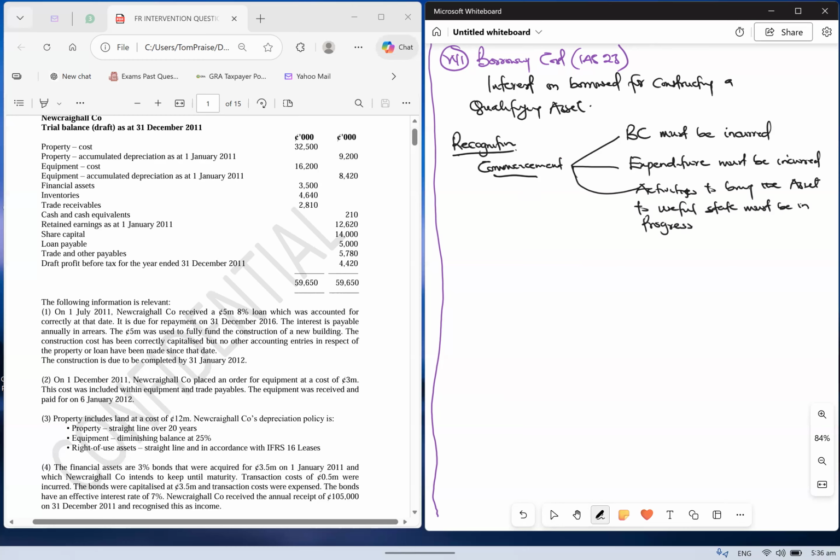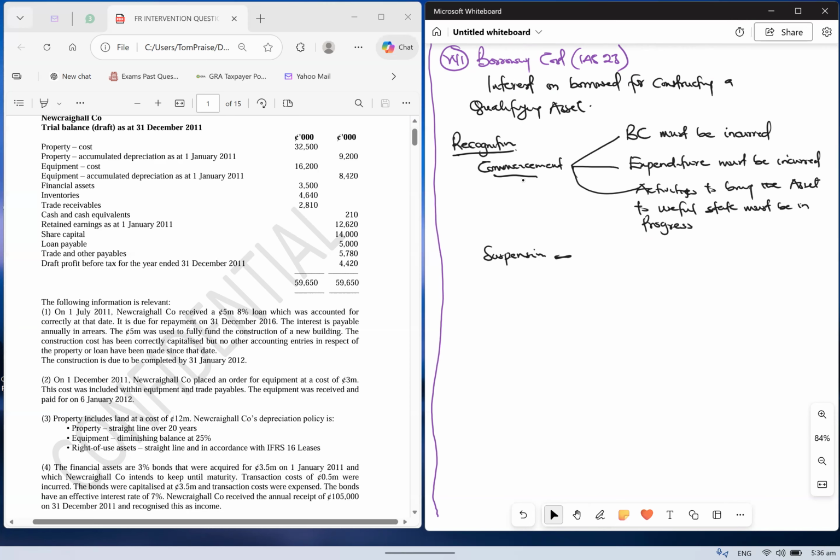Then you talk about suspension. So this is how you are supposed to learn borrowing costs. What do you mean by suspension? Suspension is about anytime there is a break in the work or in the construction of the asset, and the reason for the break is not part of the construction of the asset, then you need to suspend it.